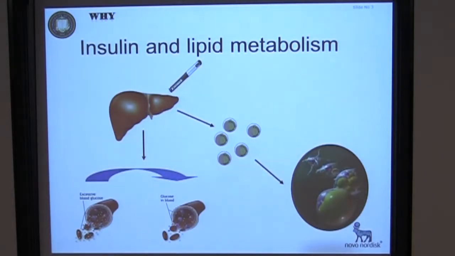If we take a closer look at what happens when insulin reaches the liver, up here, the main effect is that insulin makes the liver clear glucose from the blood. So we have hyperglycemia here, which is relieved. And it's done by insulin inhibiting the endogenous hepatic production of glucose and by the liver taking up all of this excess glucose.